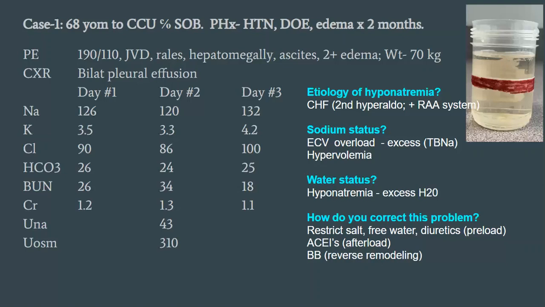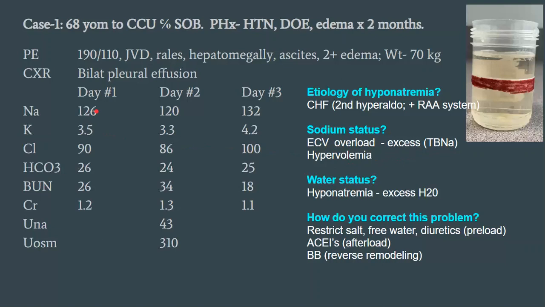And you've got a dilution here due to excess free water. So the sodium status is overloaded, excess total body water with hypervolemia. The water status shows hyponatremia, which all this means is an excess of free water.